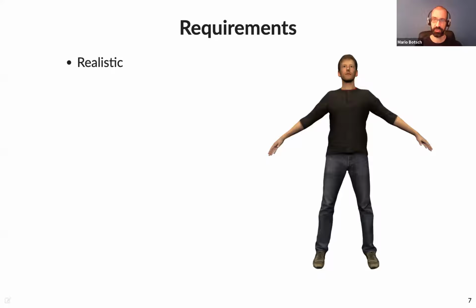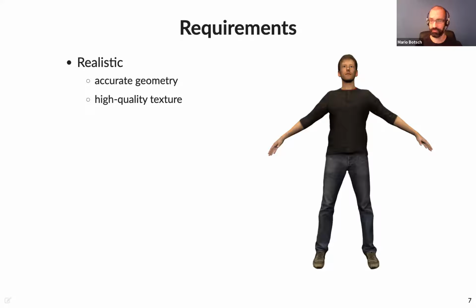By this, we mean realistic in terms of the geometry and in terms of the texture. There are many people who do more or less accurate geometry, but they don't put texture on top of the avatars, which, if you are in a VR scenario like this virtual mirror and your mirror image doesn't have a texture, looks quite strange. So we also aim for a high quality and accurate texture.